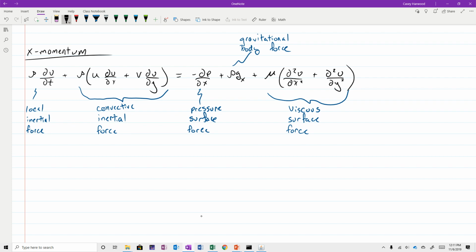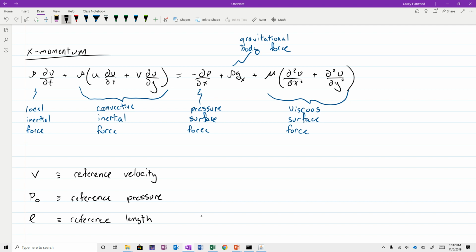For example, V is our reference velocity, P naught would be some reference pressure, and L would be some reference length.